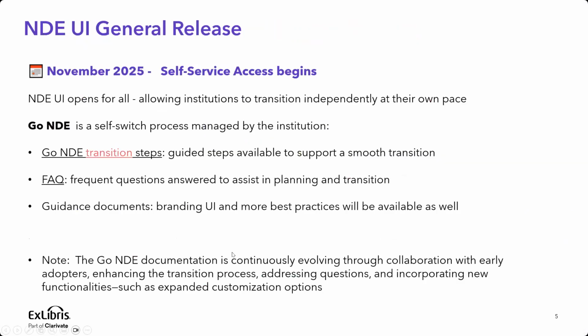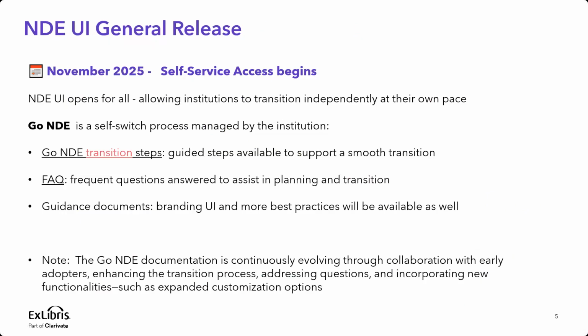Can you go to the next slide, please, Neely? Yes. And the next phase after that is availability for all. The managed general availability is not a self activation. We would activate the NDE on your systems.